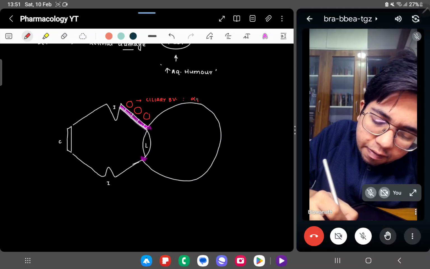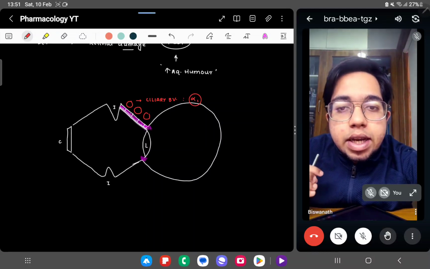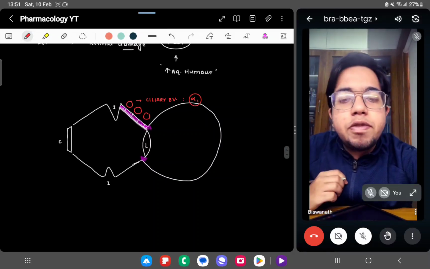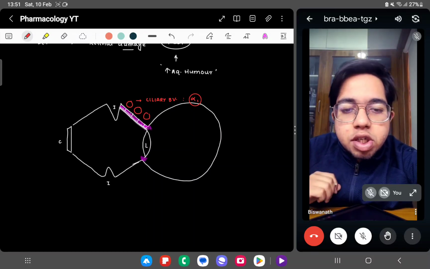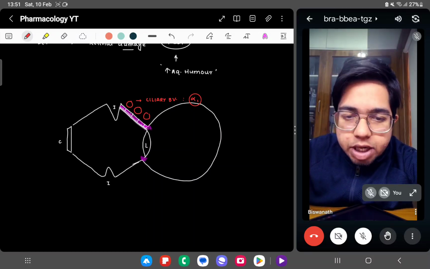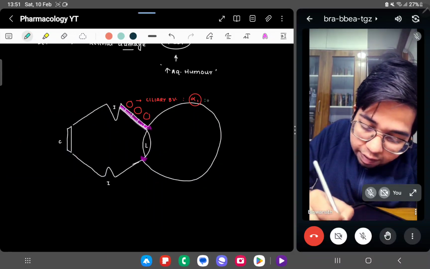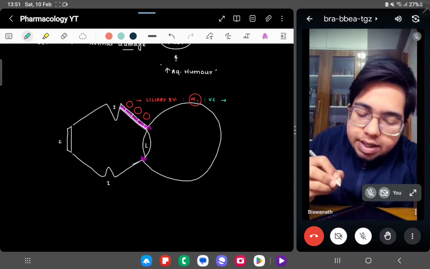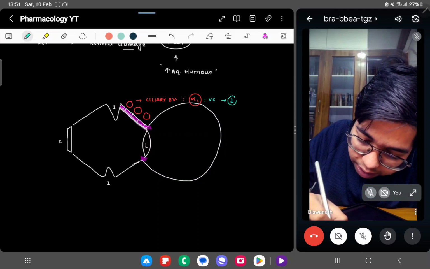The alpha 1 receptors are present upon this ciliary epithelium. And these alpha 1 receptors, as you may know, cause vasoconstriction. Vasoconstriction means your blood vessels are compressed. So these alpha 1 receptors are basically causing vasoconstriction, and due to this vasoconstriction, this is decreasing the production of aqueous humor.